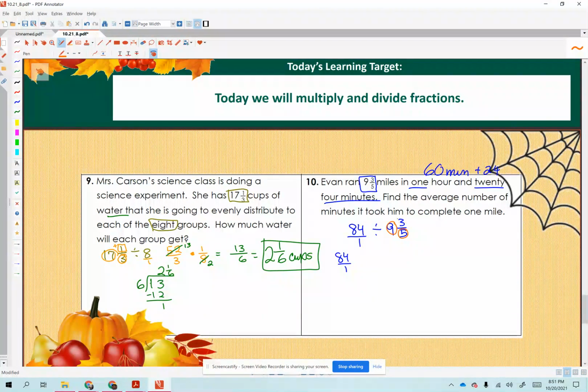9 times 5 is 45, plus 3 is 48 fifths. Now we will rewrite this as 84 over 1 times 5 over 48. So we can definitely simplify this, and it behooves us to do so. So the 5 and the 1 will stand, but we can divide 48 and 84.